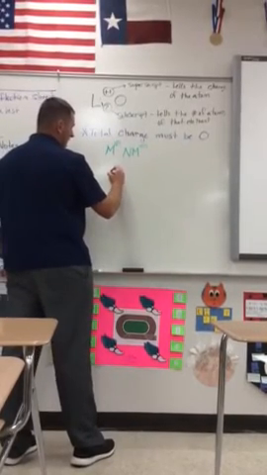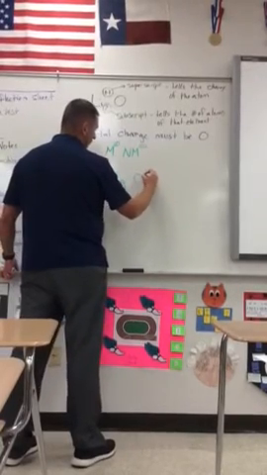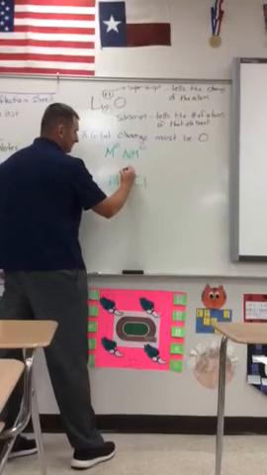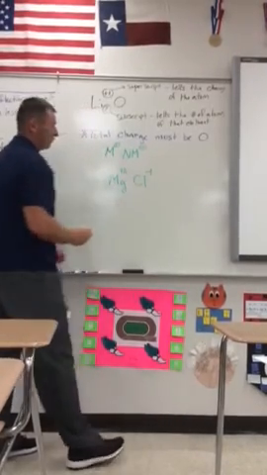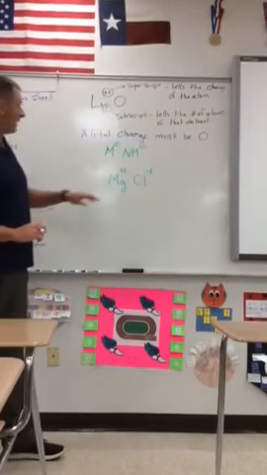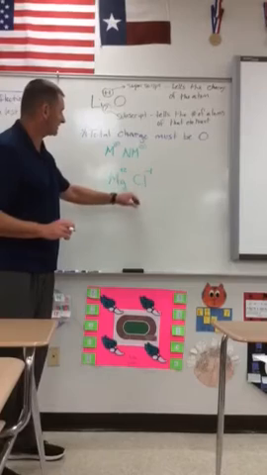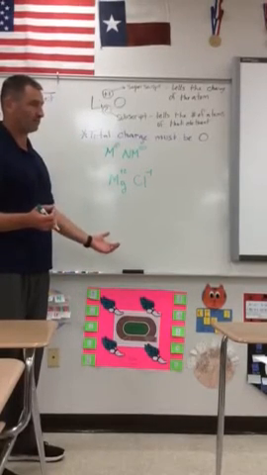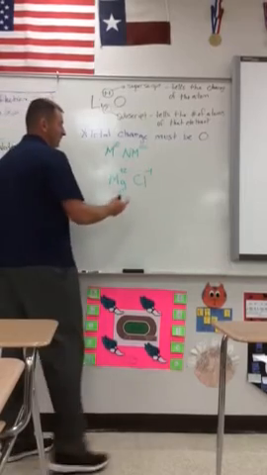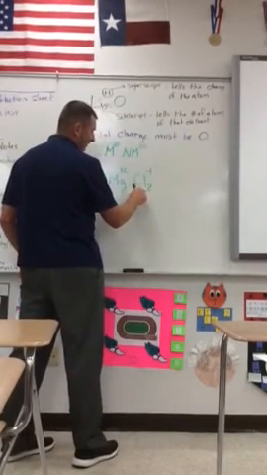So what if I have something like this? What if I have magnesium and chlorine? Magnesium is a +2 charge. Chlorine is a -1 charge. So I need to know how many -1s do I need to cancel out one element that has a +2 charge. So what do you think? I need 2 atoms of chlorine.